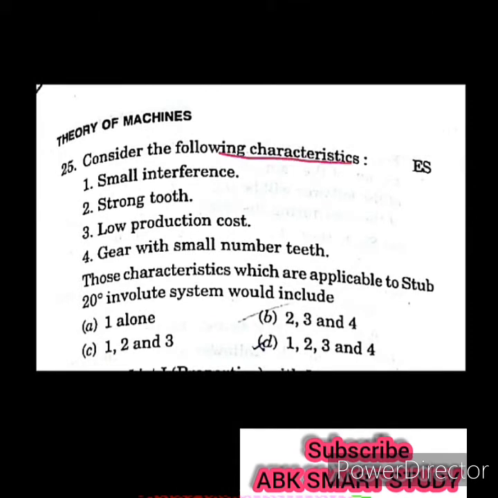Consider the following characteristics. 1. Small interference. 2. Strong teeth. 3. Low production cost. 4. Gear with small number of teeth. Those characteristics which are applicable to the stub 20-degree involute system would include.